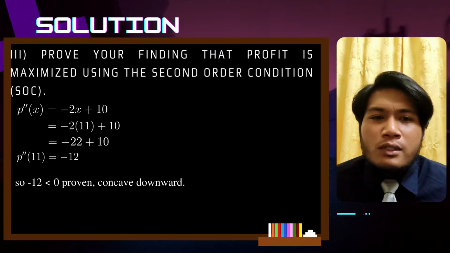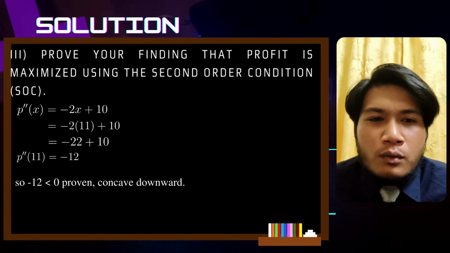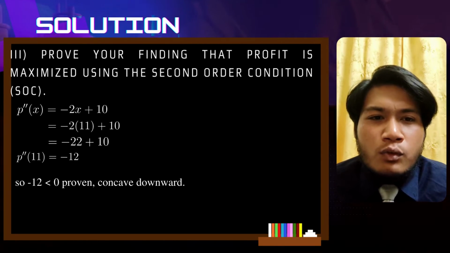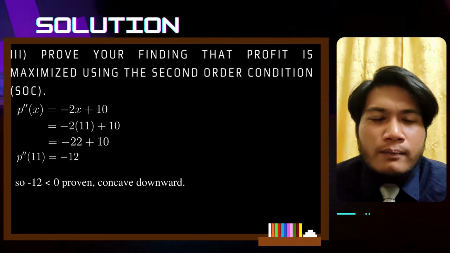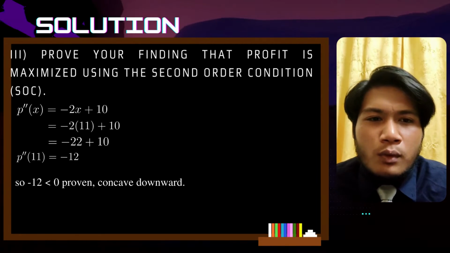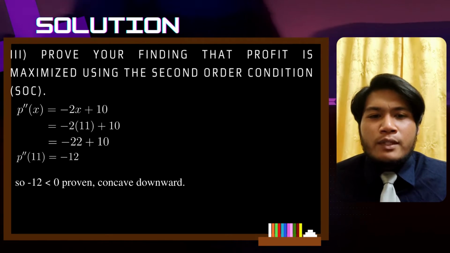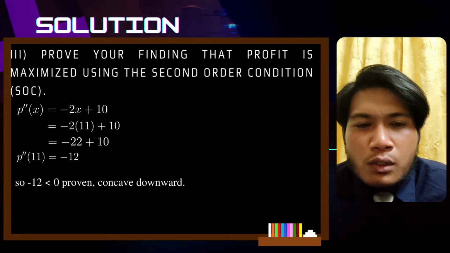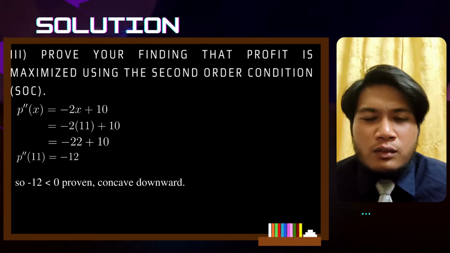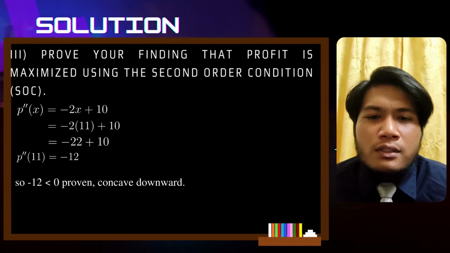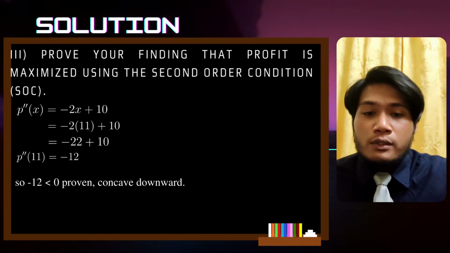Then we substitute the value of x, negative 2 times 11, plus 10. Negative 22 plus 10 is equal to negative 12. So P double prime x is equal to negative 12, which is less than 0, so the graph is concave downward.